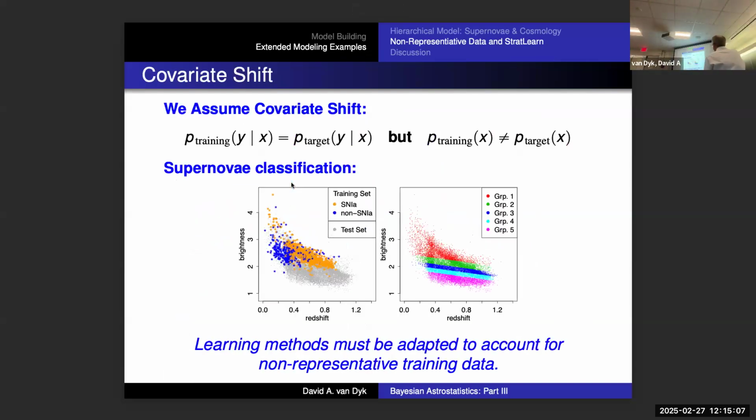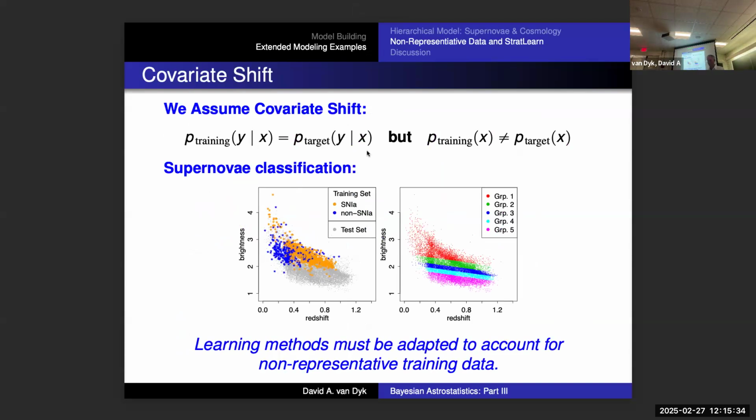So this is just a picture. There was a challenge that was put out for this data set, for this particular problem. So this is from the challenge. But the general problem we're trying to address is what's called covariate shift. So I believe that for the training and the test set, the conditional distributions are the same. So whether or not something is a type 1a, depending on its photometric magnitudes, that's the same for the two.